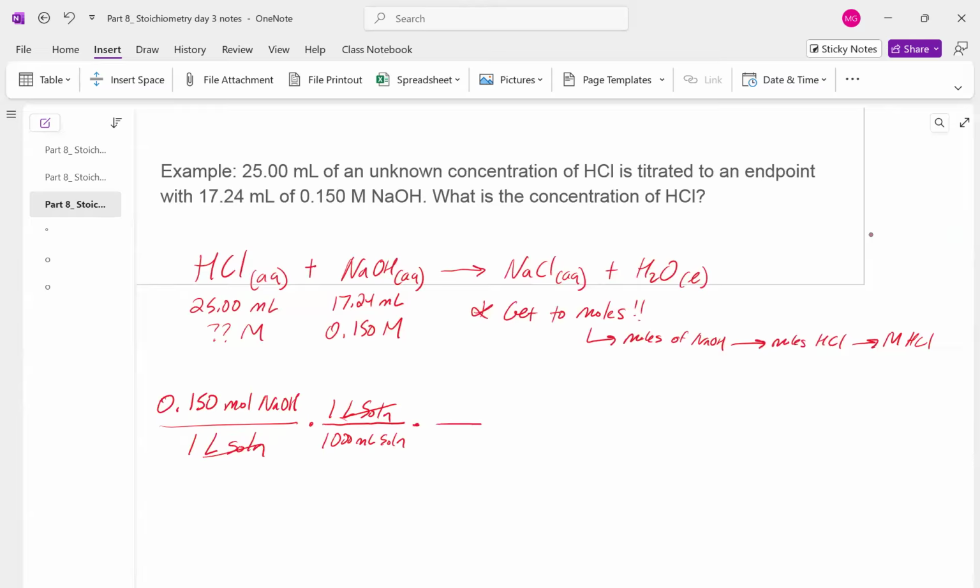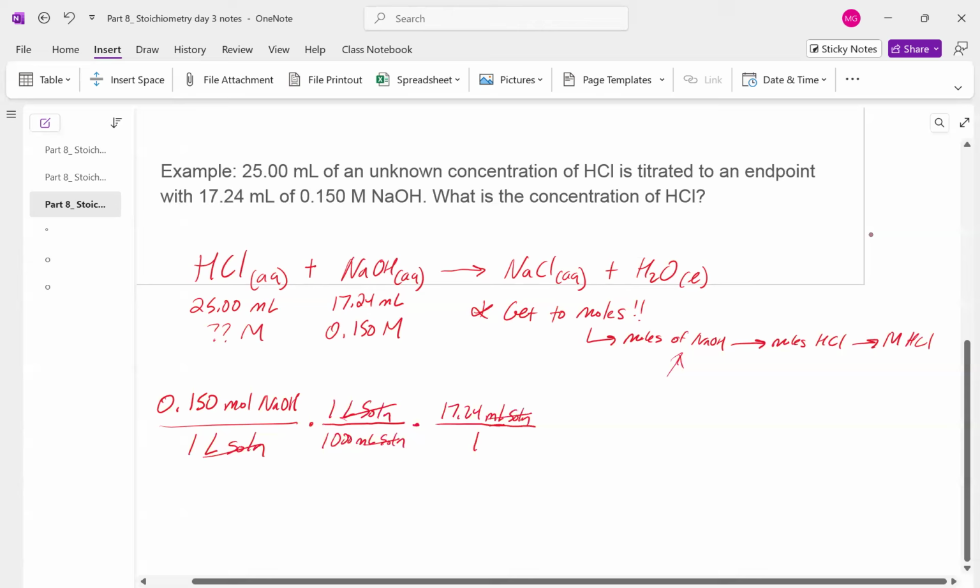And the reaction says I used 17.24 milliliters of that solution. Now notice why I put it at the top of the fraction, so that milliliters of solution can cancel out. And notice where I'm at. I got to moles of NaOH. So right now I'm here. How do I get to moles of HCl?